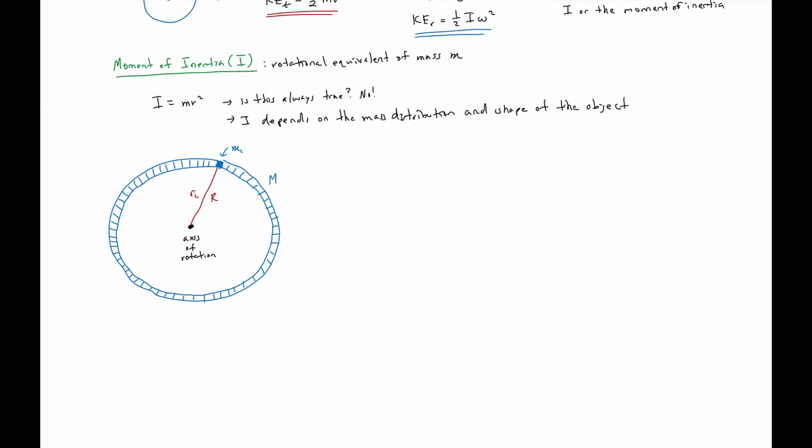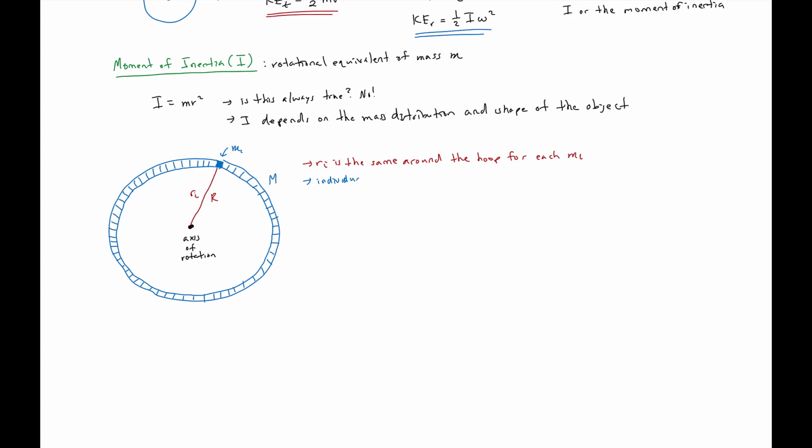So I'll just write down here, Ri is the same around the hoop for each mi.